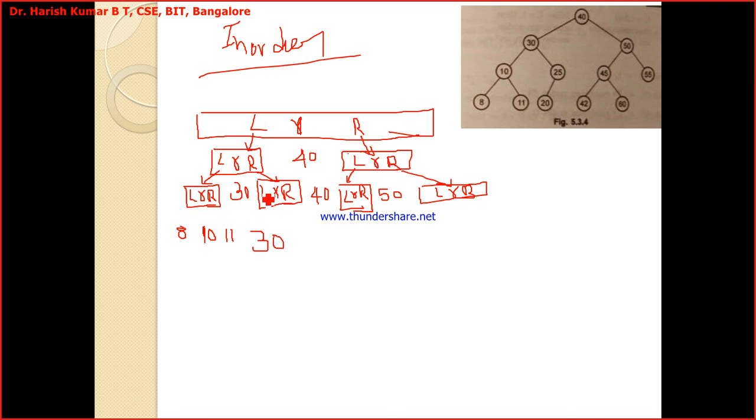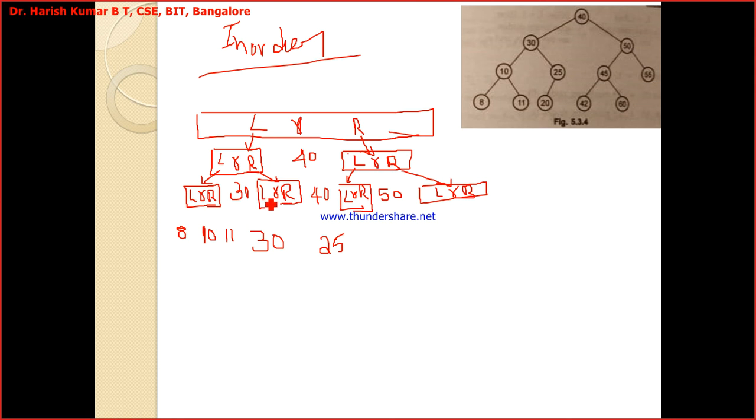And now, what is the root node for the right subtree of 30? 25. See, so 25 I'll write. Now before writing 25, I have to write what? So there is a left subtree for this 25 also. Yes or no? Yes, sir. See, strictly speaking, for this R I'll write it as 25. And this L, since there is left subtree for 25, this L again needs to be expanded.